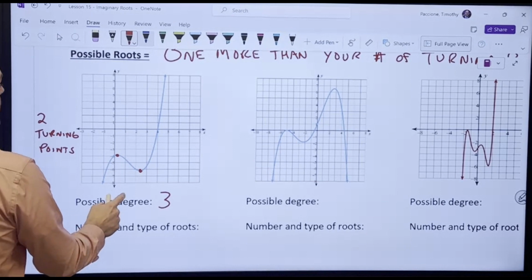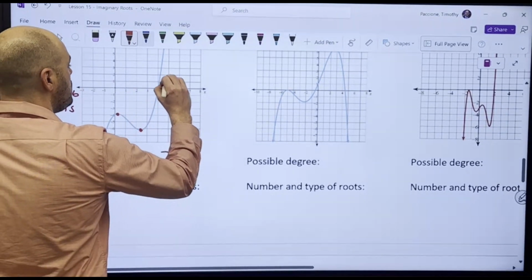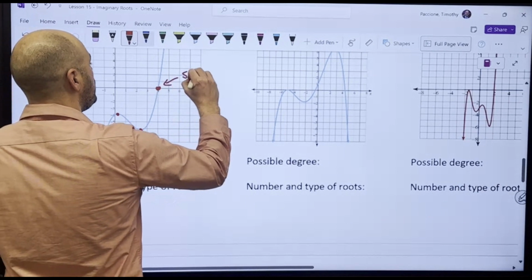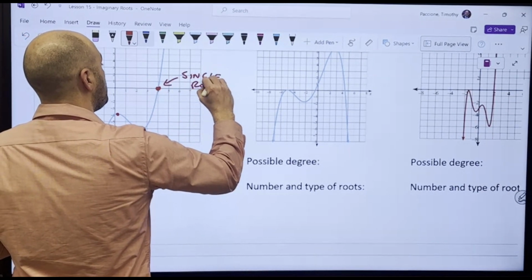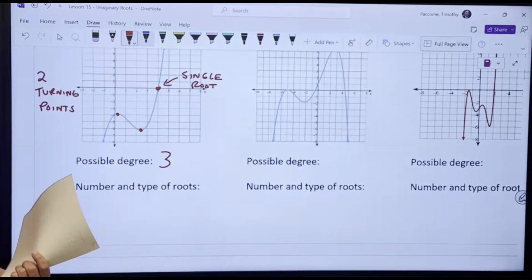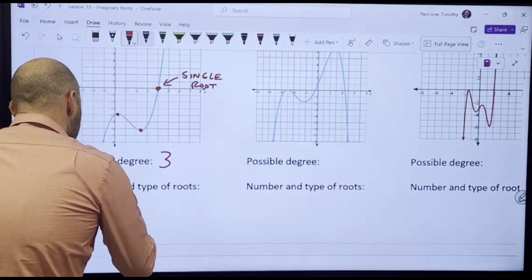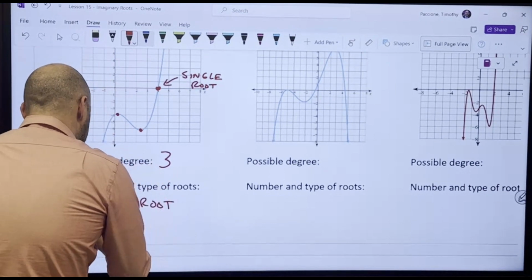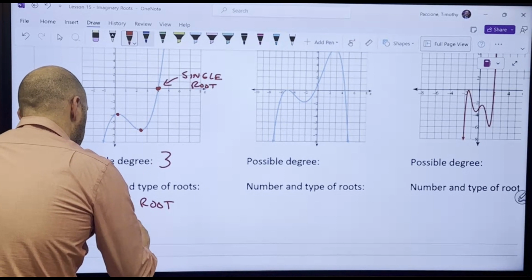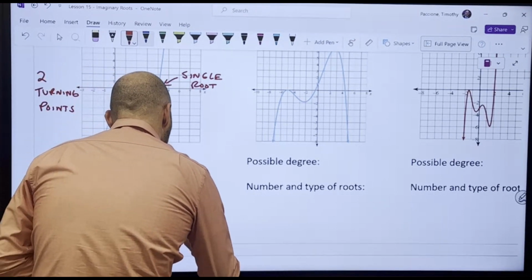Now, if I take a look at this, I see there is one real root here, and it's a single root. So just like our example in our warm-up, right? That's a single root, so I have one real root, which means I must have 2 imaginary roots.